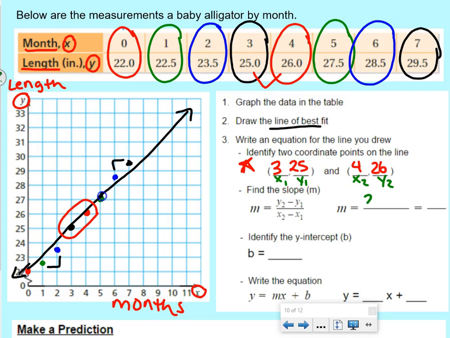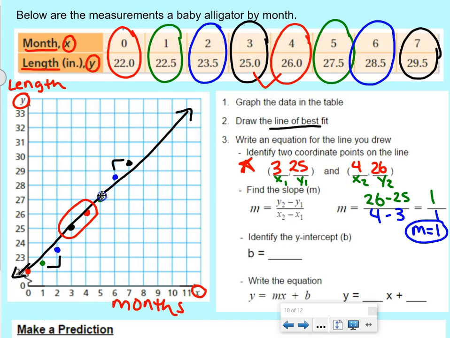We do y2 minus y1, 26 minus 25, over x2 minus x1, 4 minus 3. 26 minus 25 is 1. 4 minus 3 is 1. So our slope is 1.